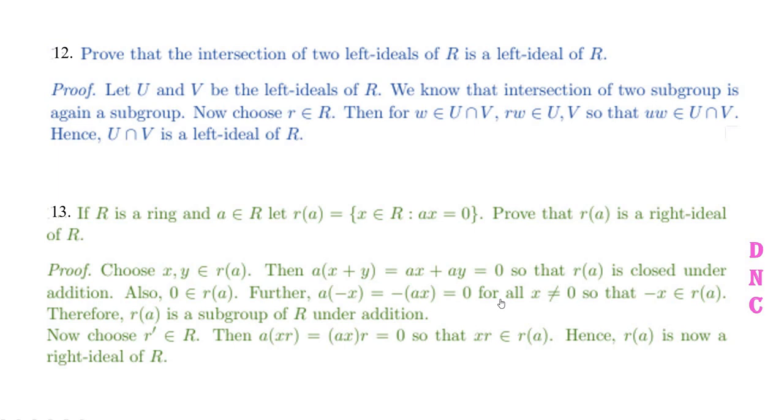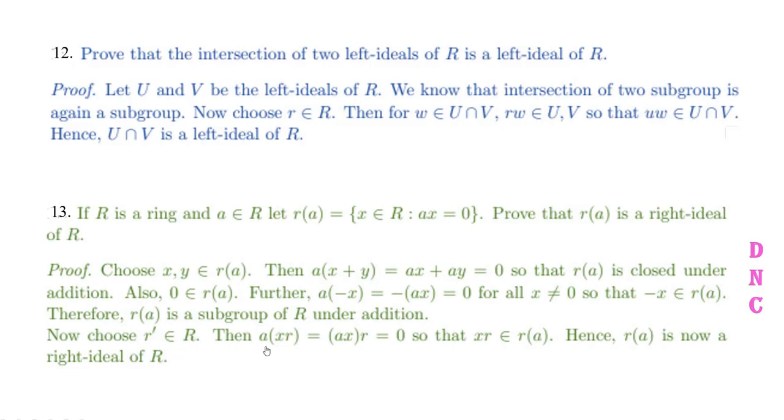And because ax is 0, we have minus x also belonging to r of a. Therefore, r of a is a subgroup of R under addition. This is closed, and subgroup means we have to have both closure and inverse.